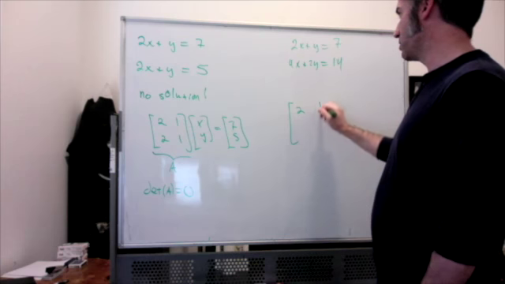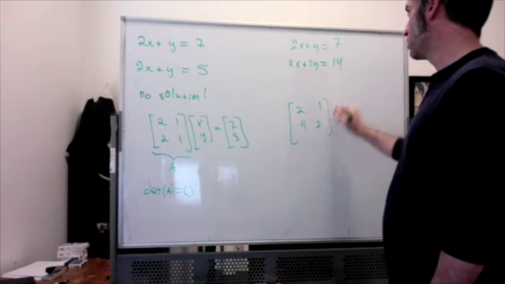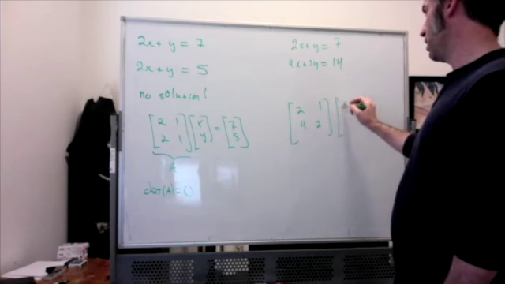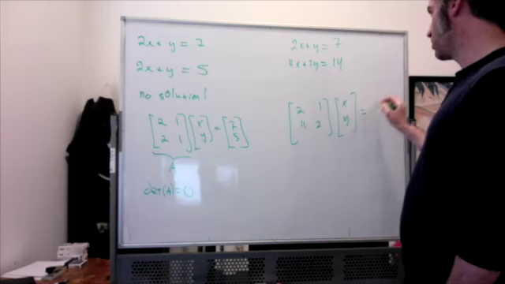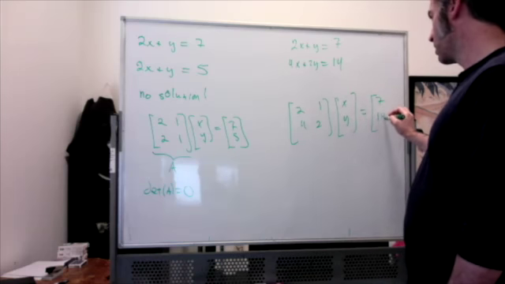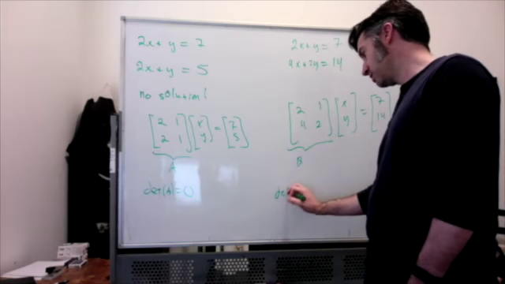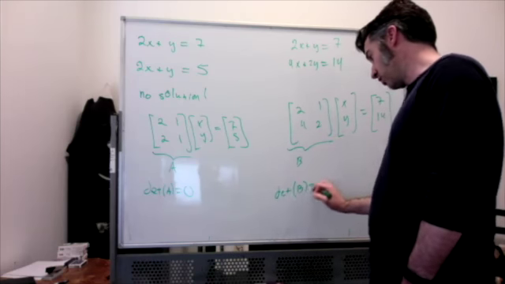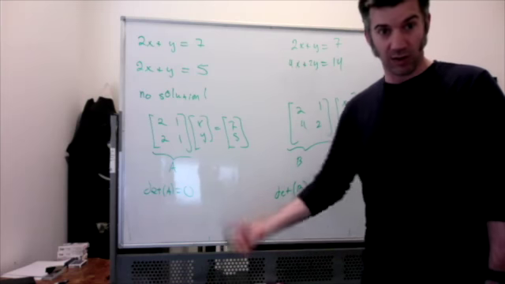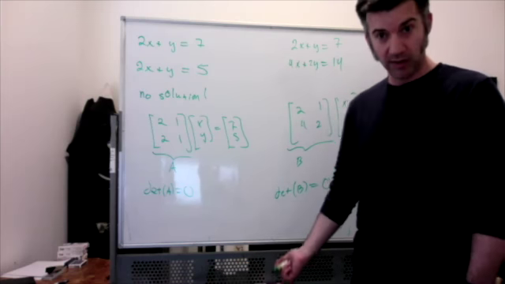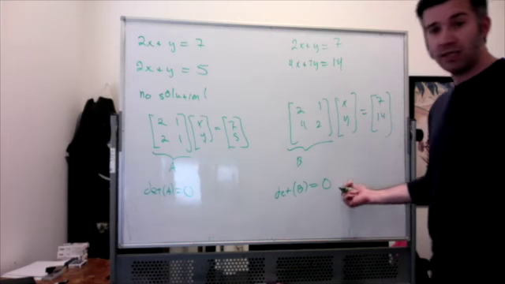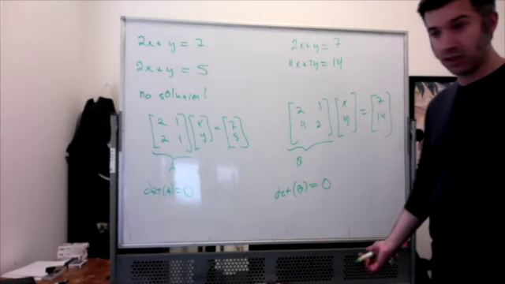We have the matrix [2, 1; 4, 2] times [x, y] equal to [7, 14]. This matrix, let's call it B, still is singular, right? Its determinant is 0. It does not have an inverse to go with it. It's single. But in this case, there's an infinite number of solutions.